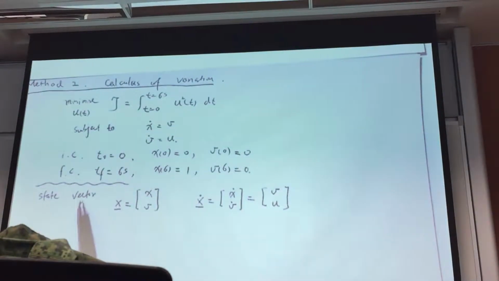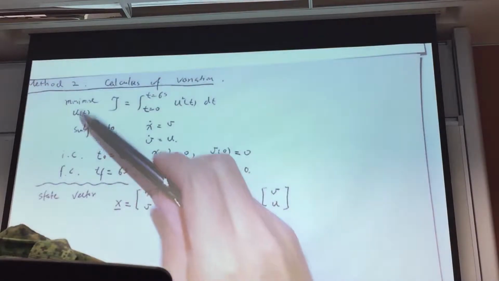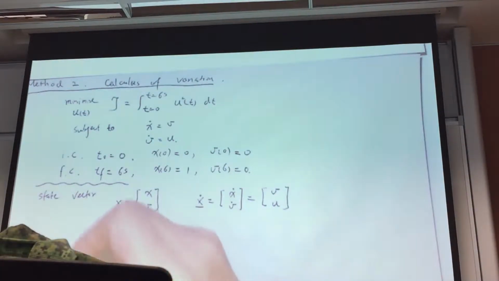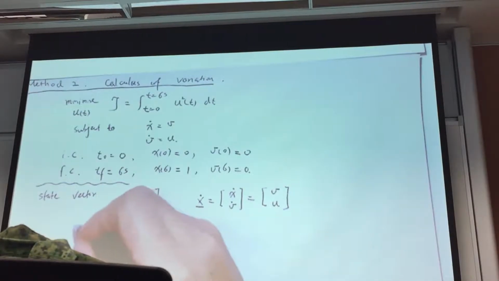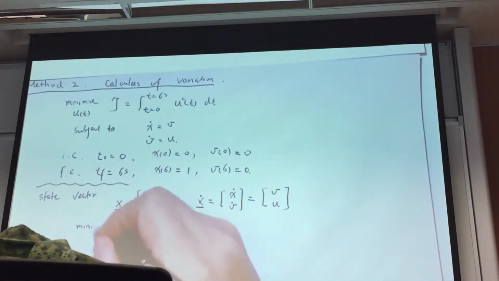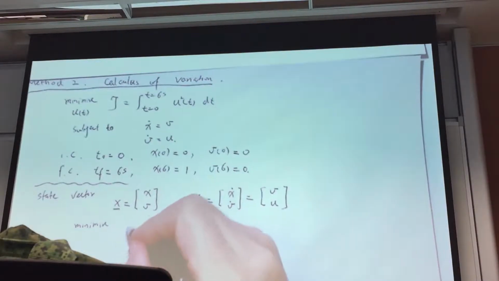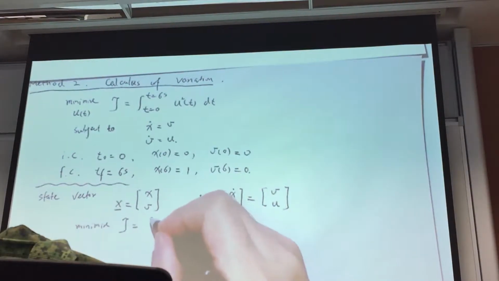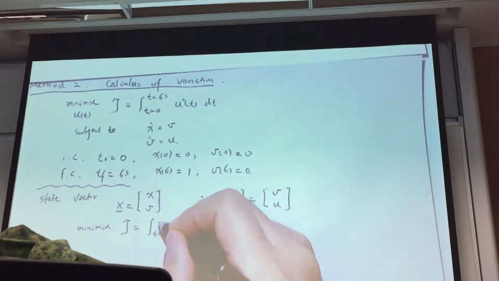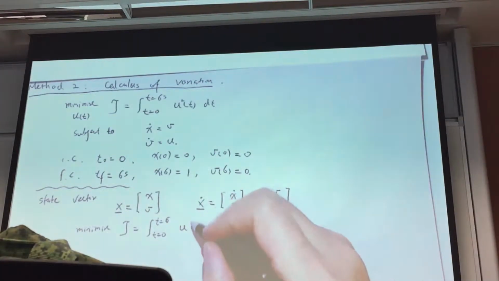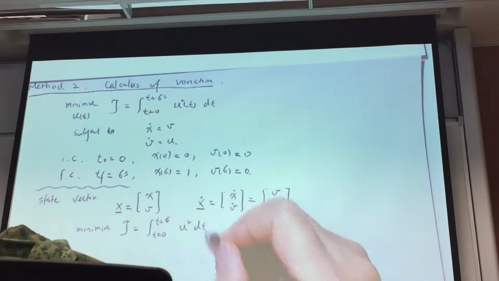So by using the state vector, we can slightly reformulate the problem. Now the problem can be represented. We want to minimize the cost function from t equal to 0 to t equal to 6, the integral of u square dt.